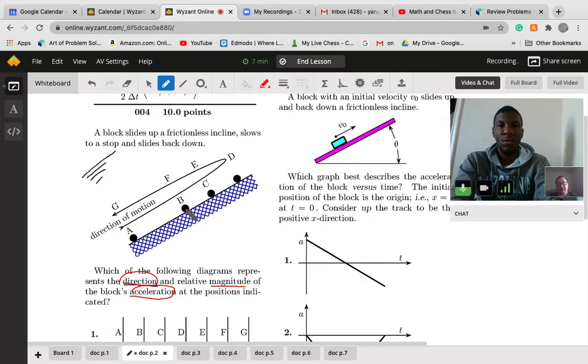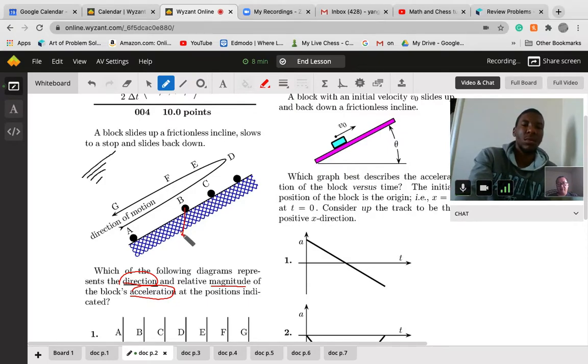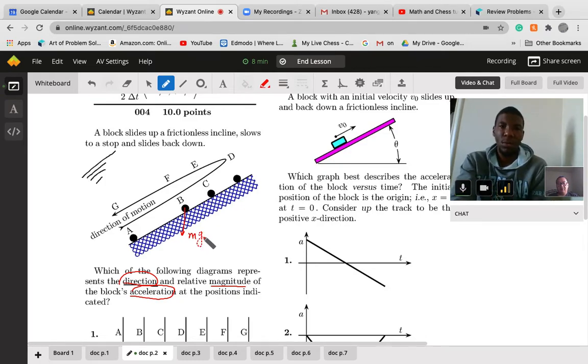First, you need to think this ball has what kind of force on it. Definitely it's gravity, right? Gravity in the vertical direction, that's m times g, right?